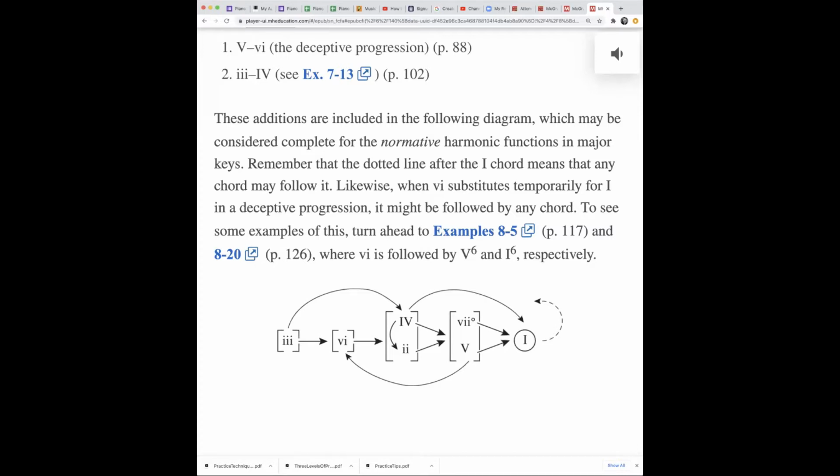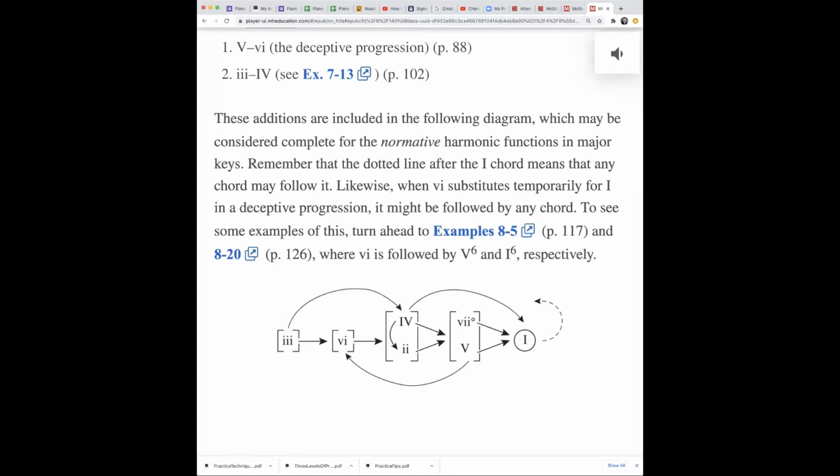Notice the capital 1 for tonic. So if you were given a test question that was fill in the blank, and it had a series of questions with Roman numerals followed by blanks, and you were asked to fill in the blank with what chords could come after that chord, could you fill in that chart?